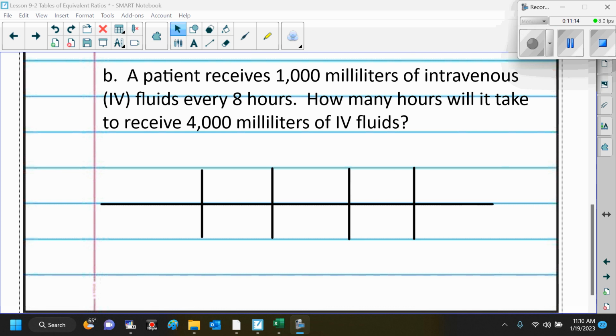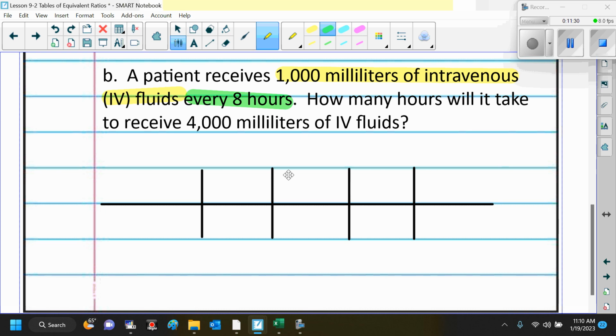So, first thing we want to know is, what are we comparing? Okay, let's take a look. It says a patient receives 1,000 milliliters of IV fluids for every 8 hours. So we're doing the IV fluids to the hours. Does everybody understand the ratio?